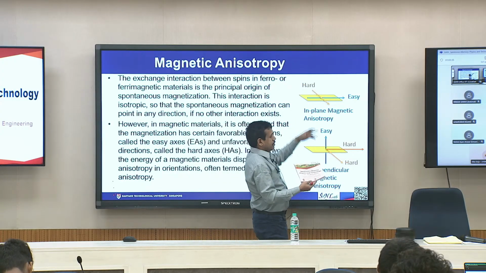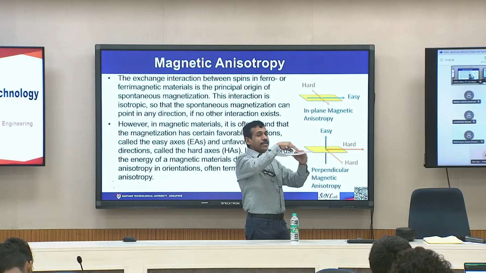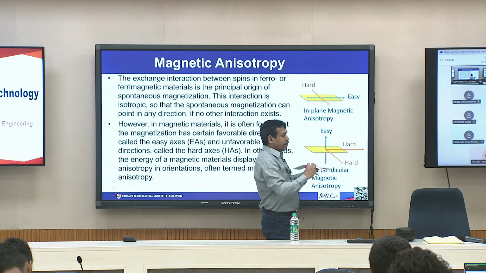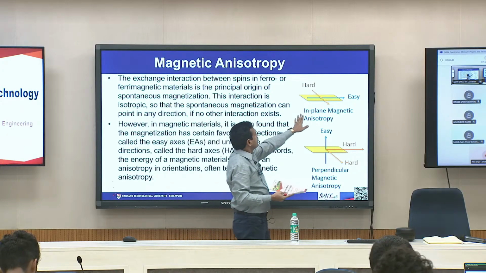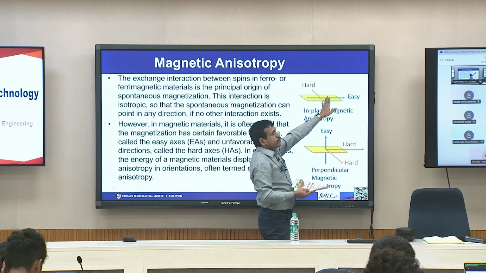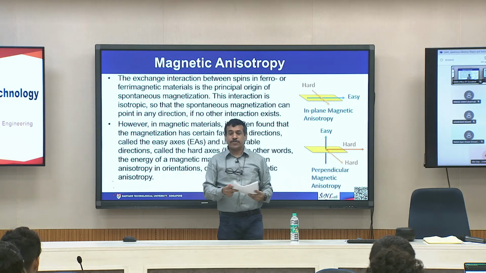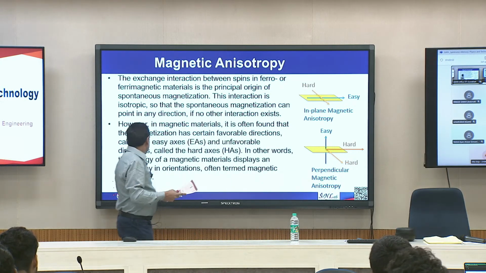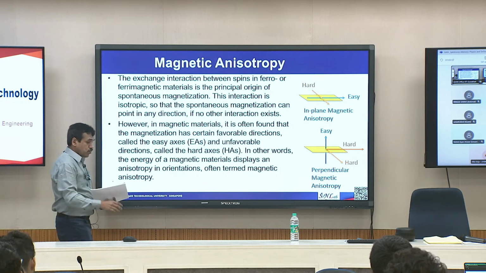So, here I am measuring the magnetic properties of the film in the plane, okay, by applying magnetic field parallel to the plane. Okay. So, in plane itself there are two directions. One easy direction is the one where you can achieve saturation easily.